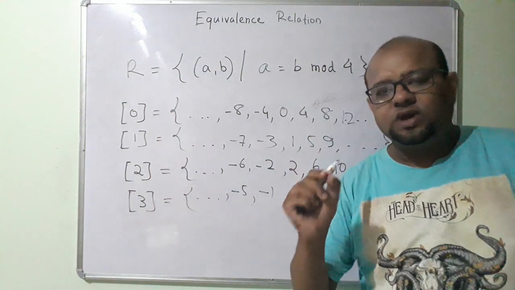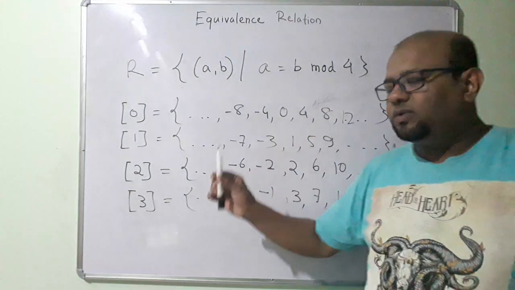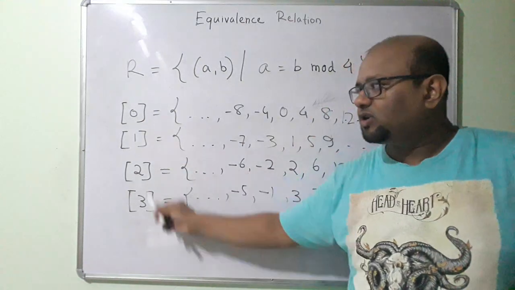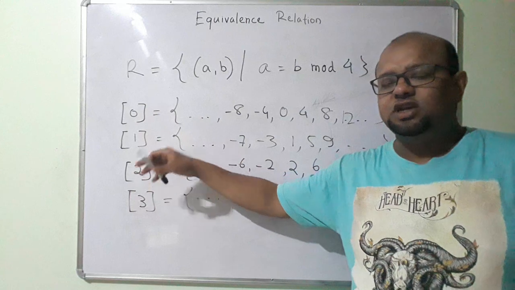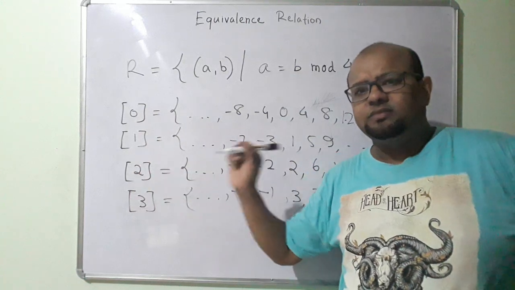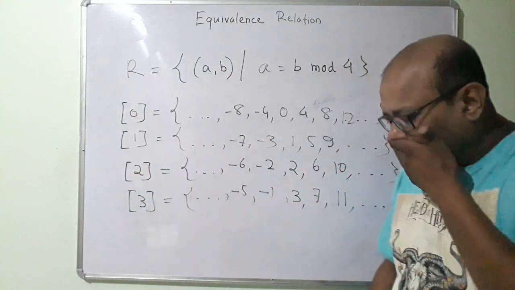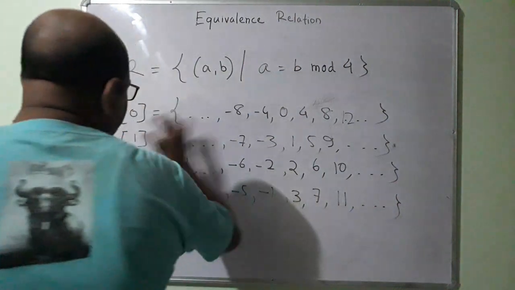When I take any integer and divide it by 4, I will get one of these 4 remainders. I will not get 2 different remainders. So that integer will belong to whatever class that remainder points to.